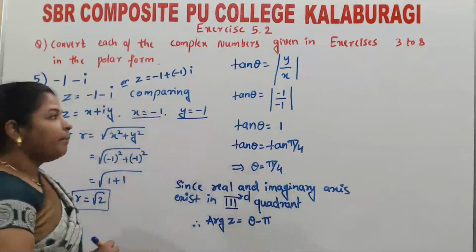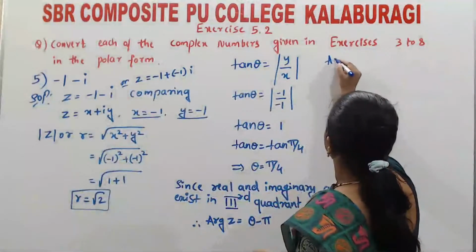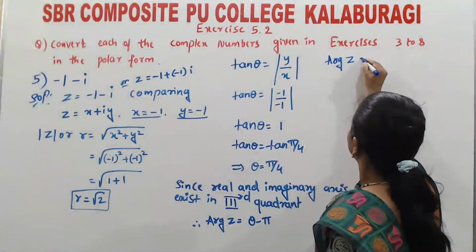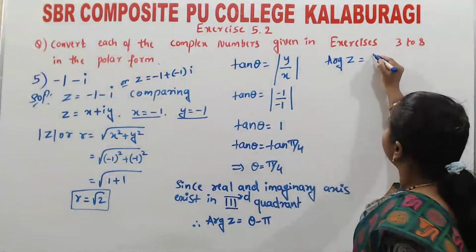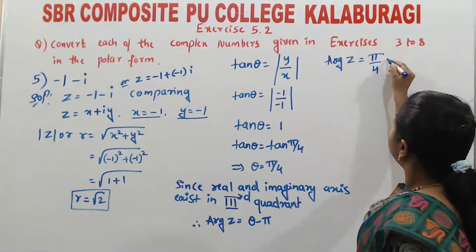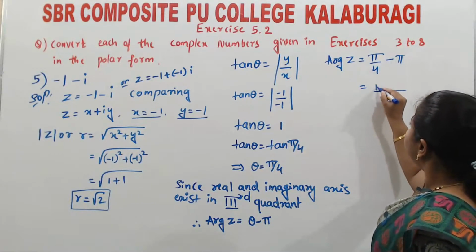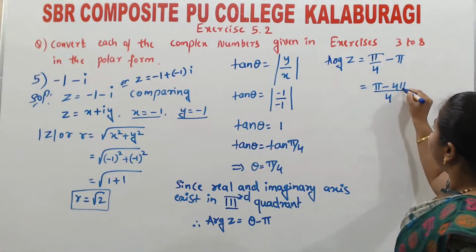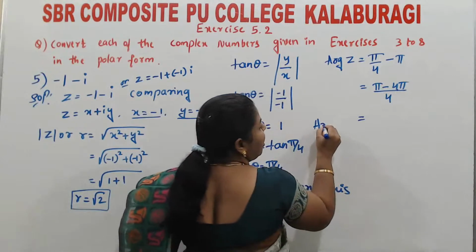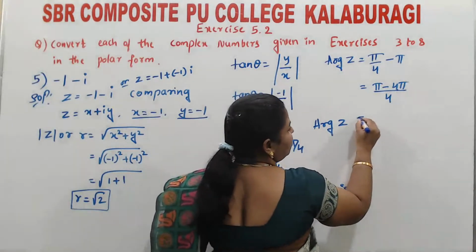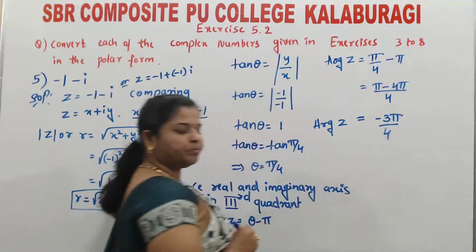Theta minus pi. Therefore, argument of z is equal to theta value. Theta is equal to pi by 4 minus pi, which is equal to, 4 is our LCM. Then pi minus 4 pi, which is equal to minus 3 pi, so argument of z is equal to minus 3 pi by 4.